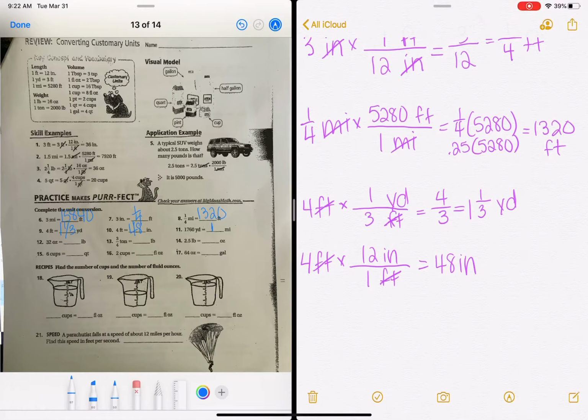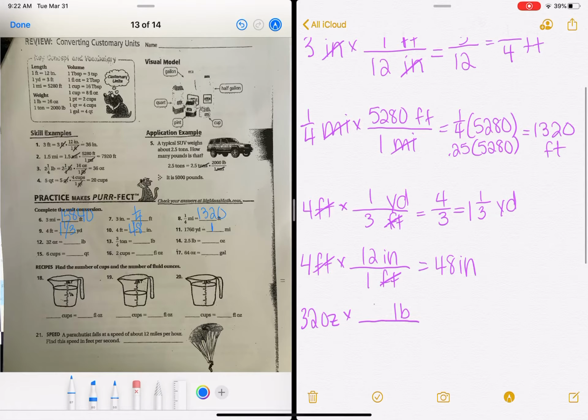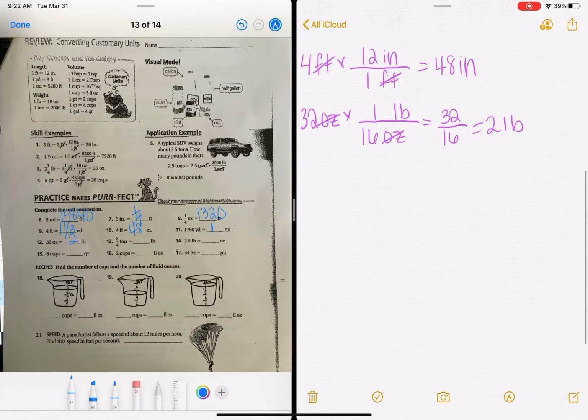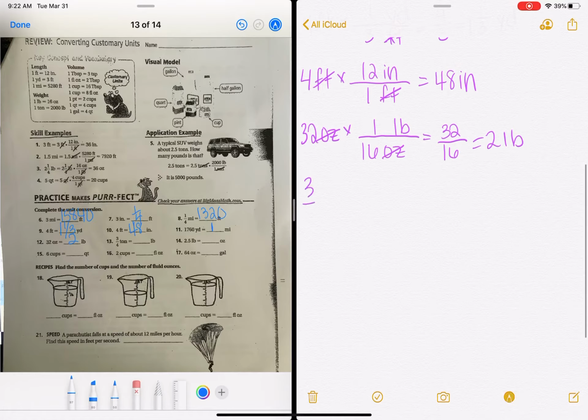Number 12, we have 32 ounces, and we want to change that to pounds. In 1 pound, there is 16 ounces. So in this case, we are going to divide 32 by 16, which is 2 pounds. Number 13, three-fourths ton, we are changing to pounds.